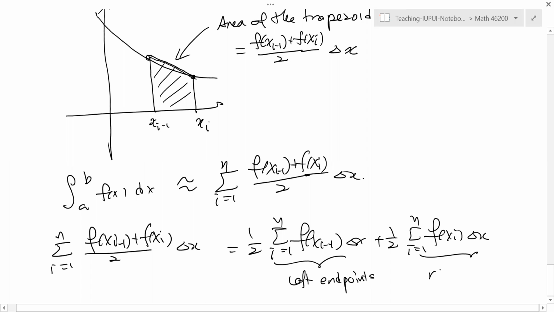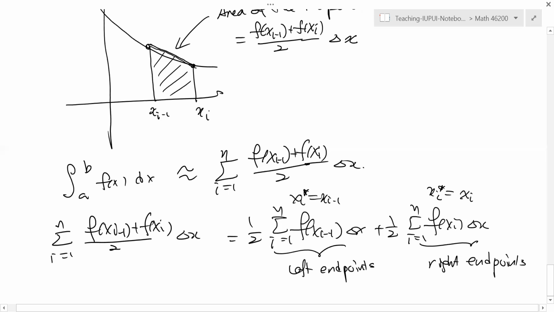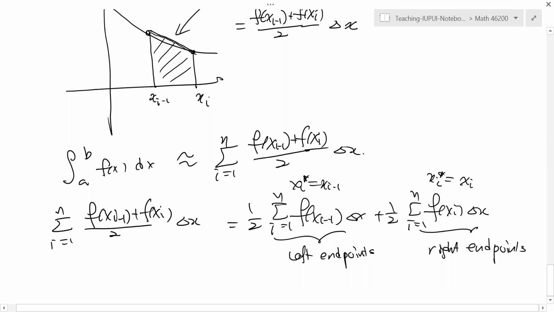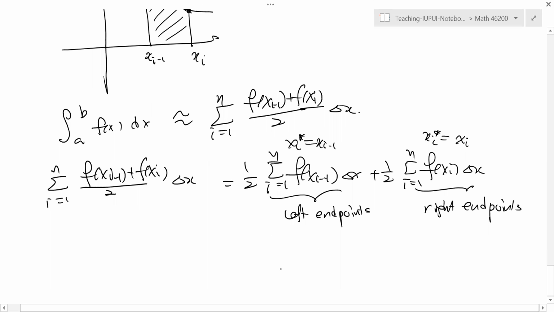Here we use a right endpoint. Doesn't matter, because the point is, as long as xi star, in this case you choose xi star to be the left endpoint, in this case you choose a point in the subinterval to be the right endpoint. But Riemann already proved that if the function is continuous, this approaches the integral of the function, same integral.